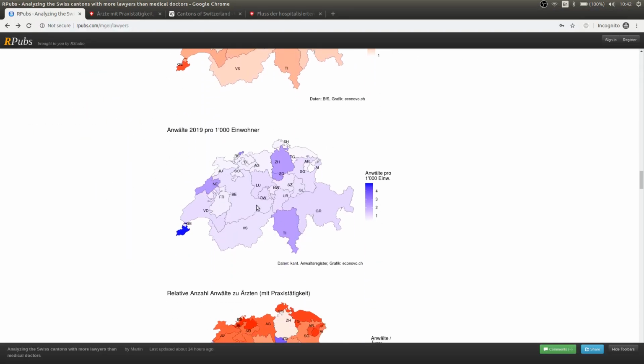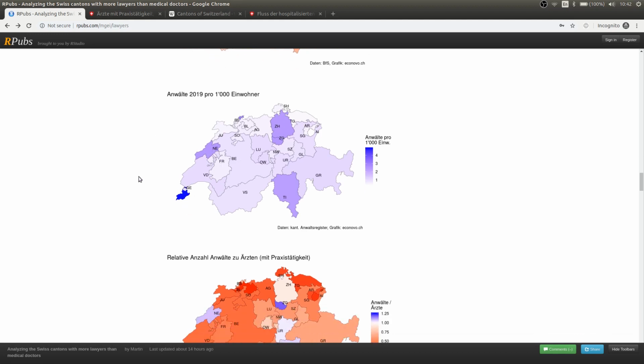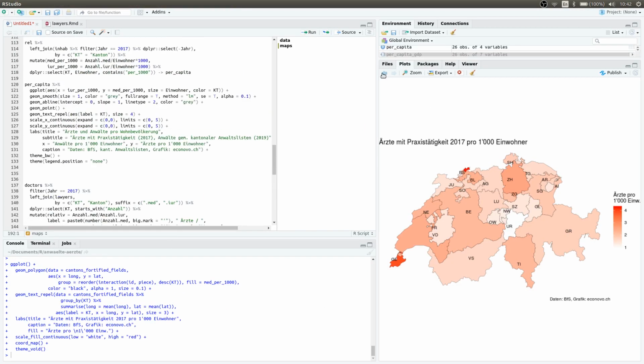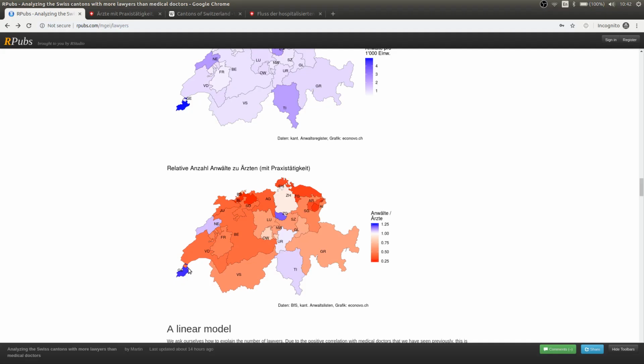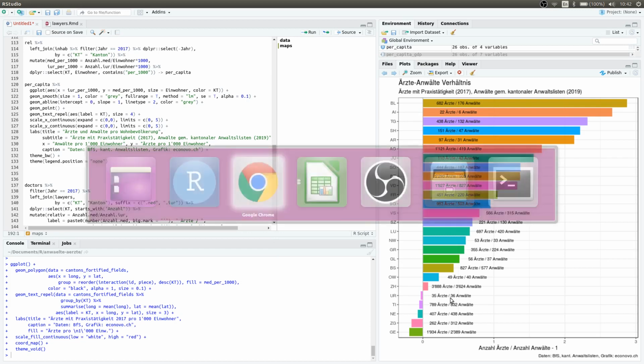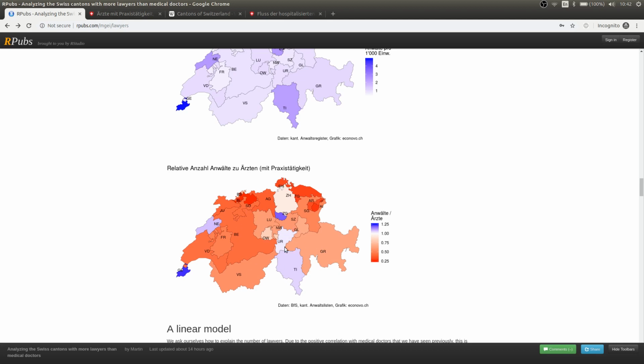Let's also have a similar pattern for lawyers, again with Geneva being very strong, Zurich, Ticino, Neuchâtel, and the relative, which is basically this plot on a geographical representation with Geneva, Zug, Neuchâtel, Ticino, as well as Uri here, which due to the small sample size is less meaningful, of course, also on the blue end of the scale.